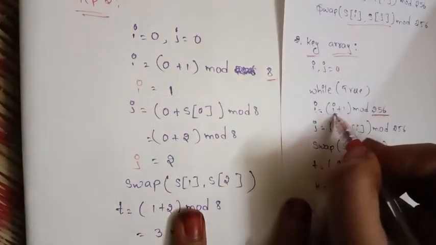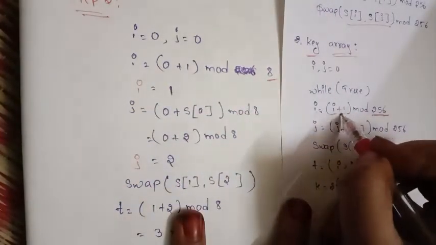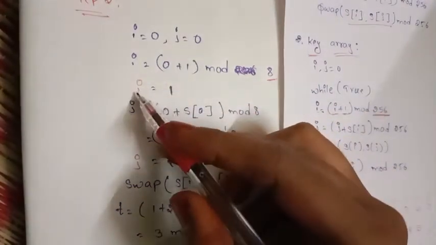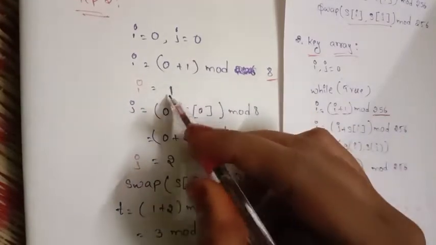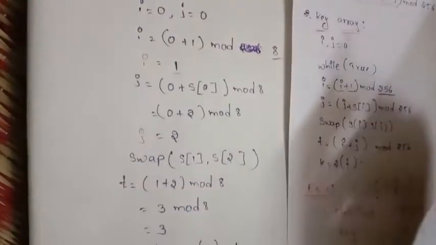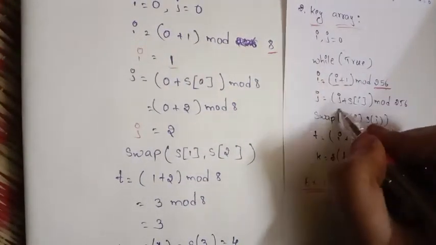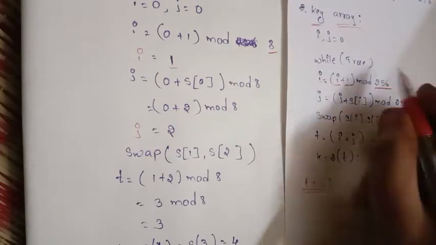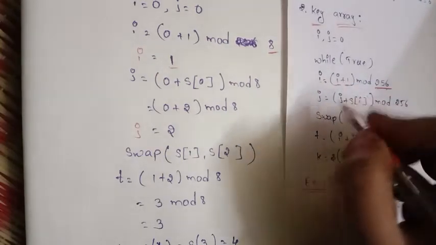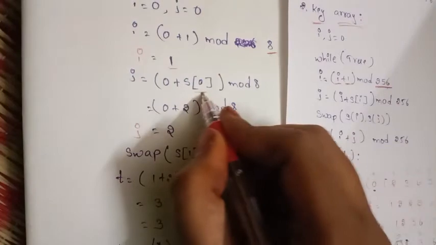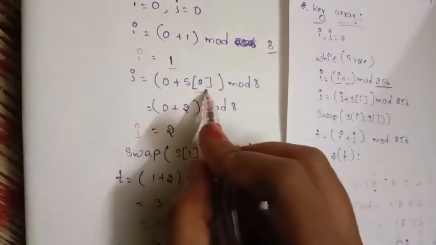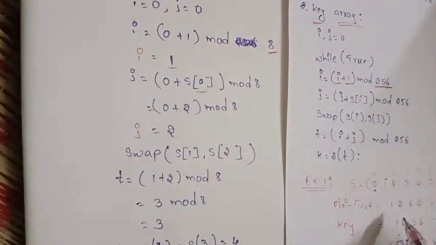Initially the i value is 0, and then add plus 1. So i equals 1 mod 8, that is, the i value is 1. Next, j equals j plus S of i, that means the value at index i. Here i is 0, so S of 0 is 2, guys.